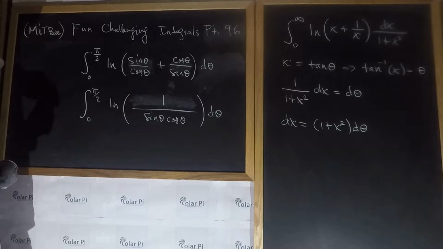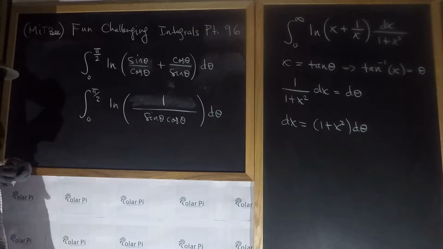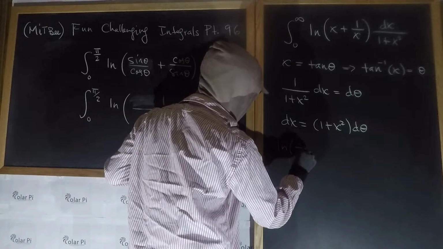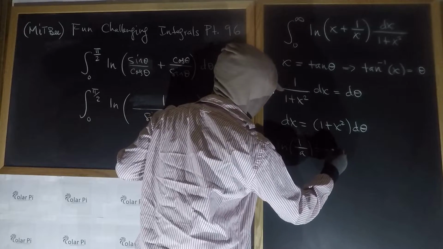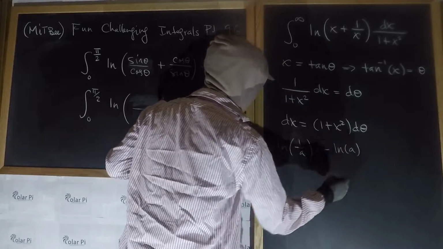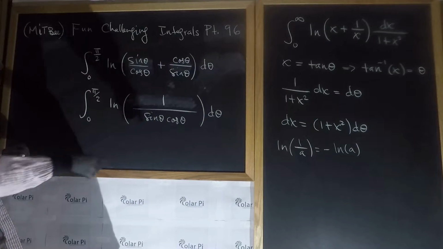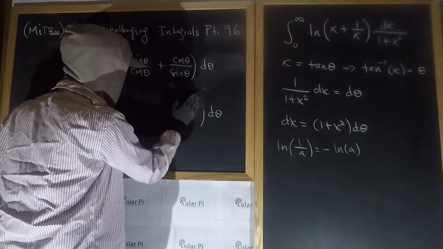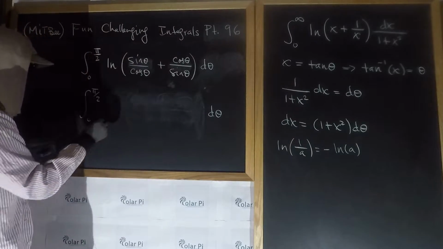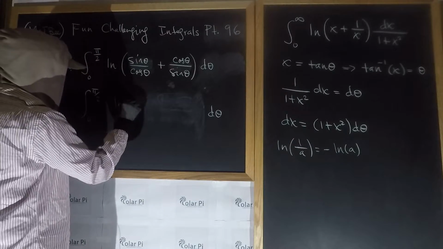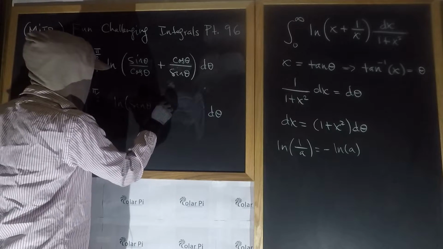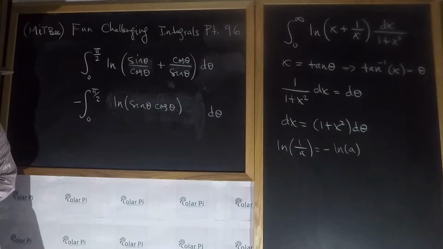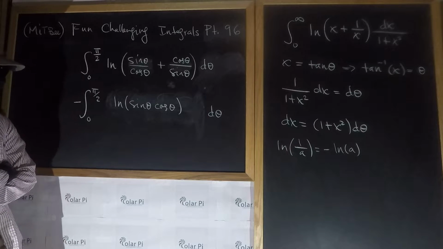So we do that, and then we know that the natural log of 1 over a is the same thing as the negative of the natural log of a. So exploiting what I just wrote down, we can write that what we have here is the same as negative of the natural log of sine theta cosine theta, and the negative I'll write right there. Now where to?